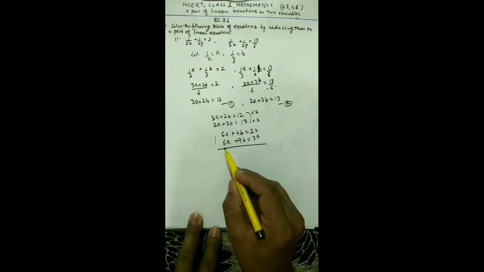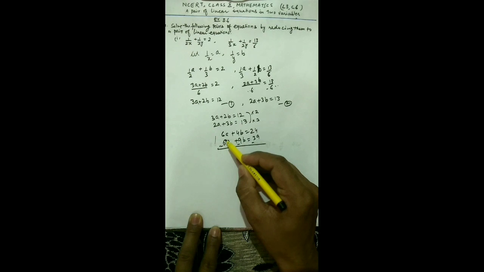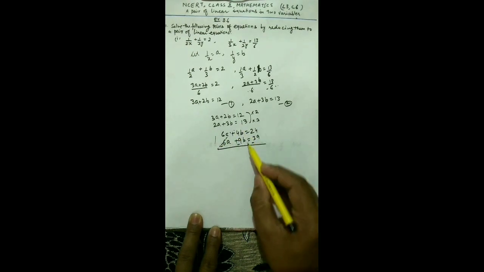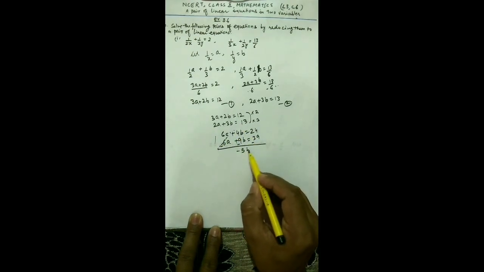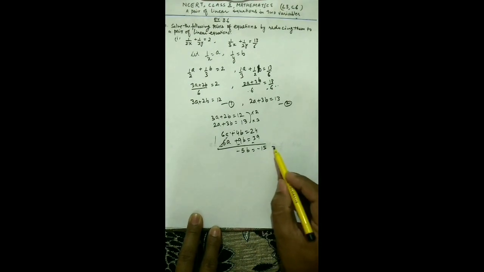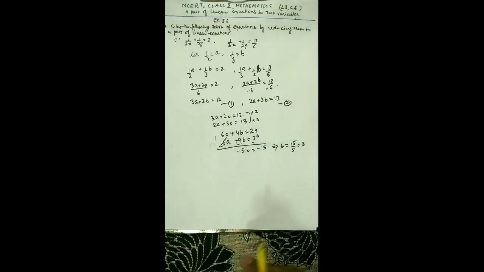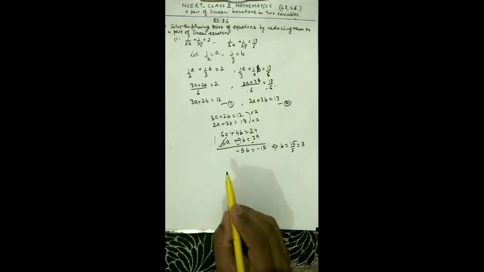So now find the difference, minus and minus, so this will get cancelled, and you are now left with minus 5b, and this is equal to minus 15. From here you will get the value of b as 15 by 5, which is 3. So after getting the value of b, you can substitute this value in any of the equations.